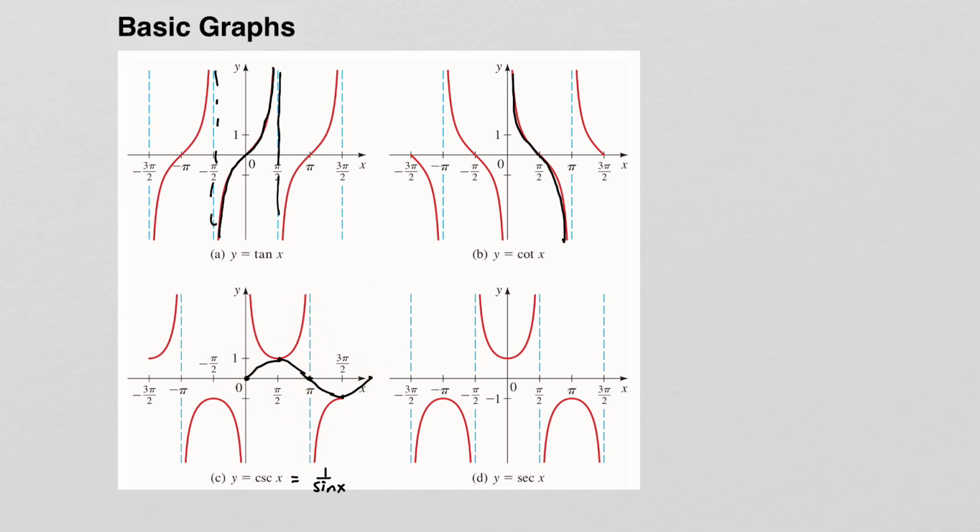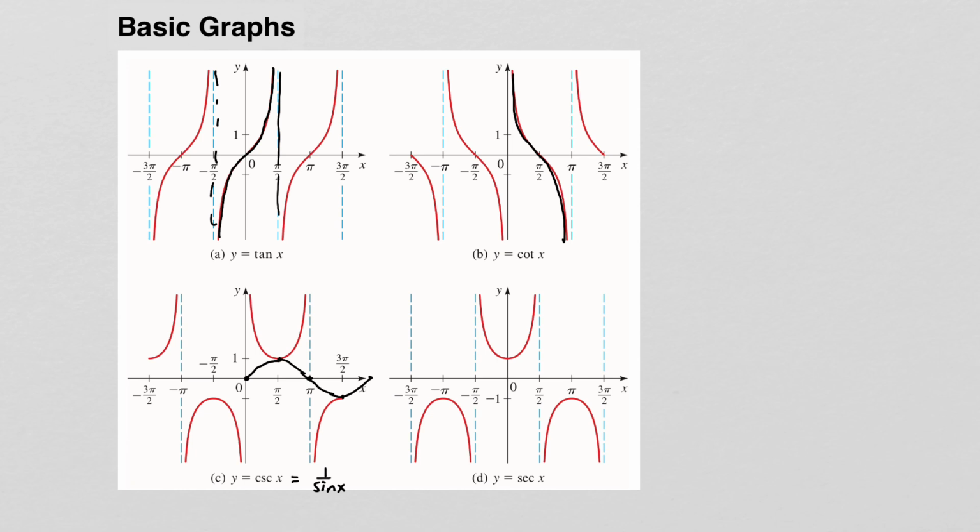And then it's a reciprocal. So wherever sine is getting smaller and smaller, cosecant is going to be getting bigger and bigger. So here sine is getting smaller, the y value is getting smaller, cosecant is getting bigger. And the same thing happens here, but in the negative direction.